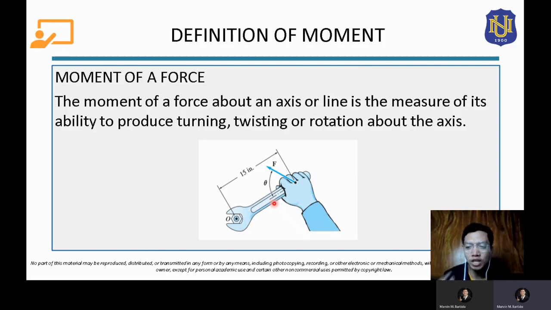We need to apply a force in order to rotate this tool, so we apply, let's say, this force. Now, the measure of the rotation of the force about this knot is measured in terms of moment. That's how you measure the magnitude of the rotation of that force. So that's how simple it is to define a moment.